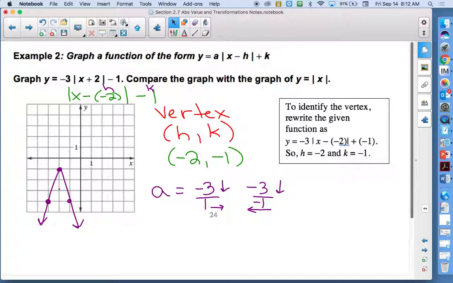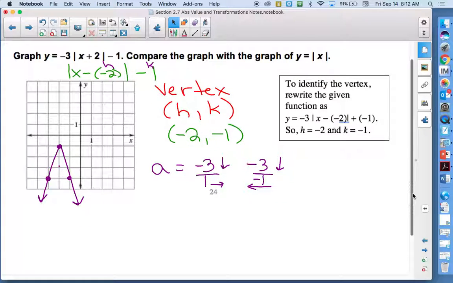Questions? Can anybody describe how the graph changed? Describe the translation, the transformation. How did it change? How did the graph move? So usually it starts here and just has a slope of up 1 over 1.